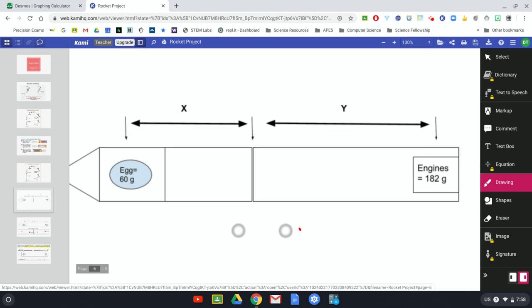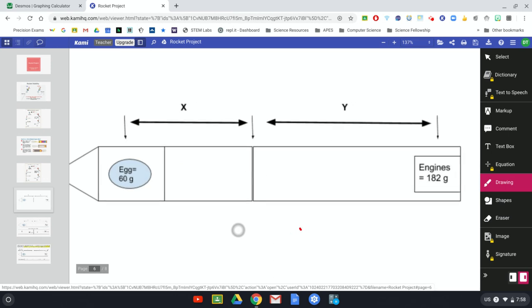Right now you have your body tube in two pieces, and we need to figure out where we are going to cut or trim the upper and lower pieces to ensure that not only does our rocket meet the requirements as far as length and stability, but also that we manipulate it so that our center of gravity is right here where those two pieces meet.